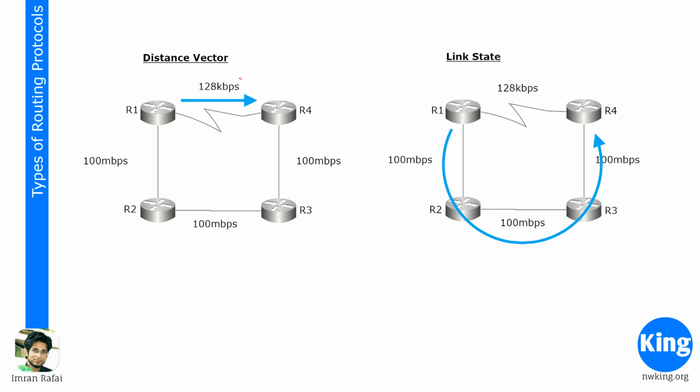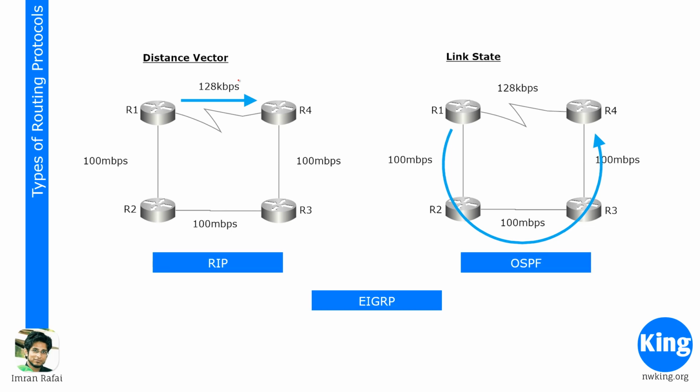But if you're running, for instance, RIP, right? RIP is distance vector, right? So if you're running RIP, which is a distance vector protocol, it will always, on this router 1 table, let's say we have some network here, we have some network here, and let's say this is the 10 dot network and this is the 40 dot network, right?